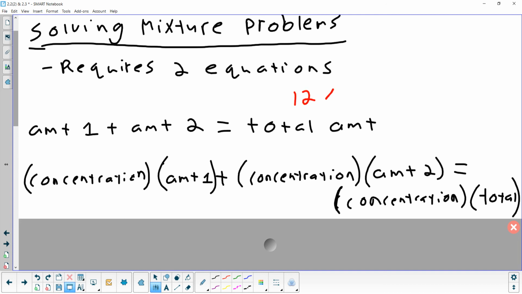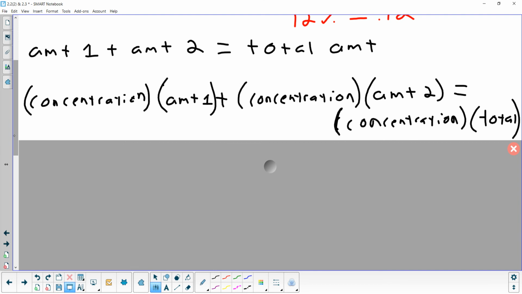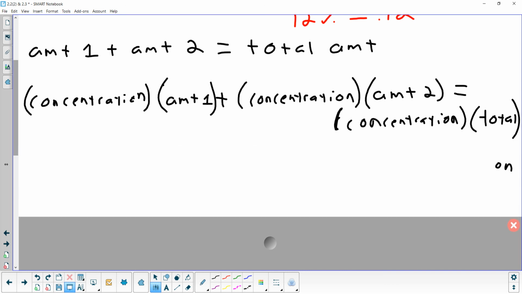So if you had something like 12%, you need to write it as 0.12. Okay, we want to have the two equations.